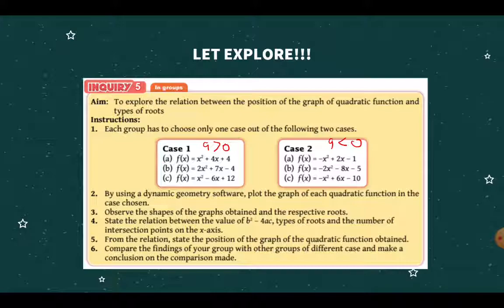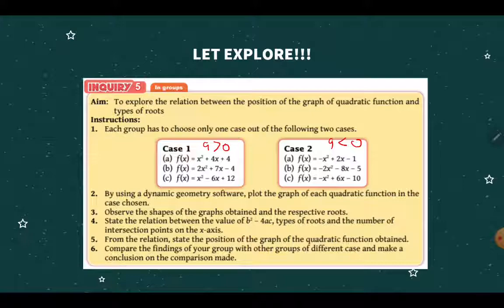Observe the shapes of the graphs obtained and the respective roots. State the relation between the value of b squared minus 4ac, types of roots and the number of intersection points on the x-axis. From the relation, state the position of the graph of the quadratic function obtained. Compare the findings.